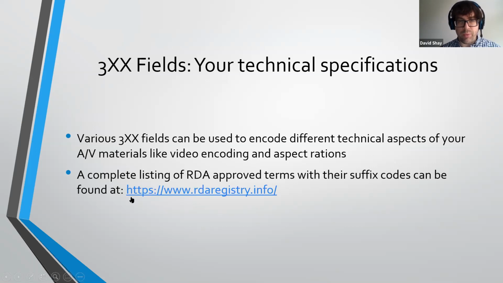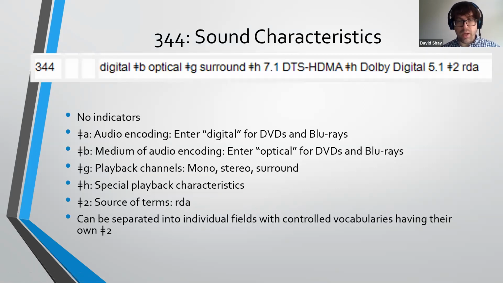And then we've got our source of terms, which I've got a generic RDA tag in here. The RDA registry does provide a much more complete listing of the different RDA source terms. Now, one of the differences between OCLC and the audiovisual catalogers best practices: OLAC best practices includes, if I remember correctly, I need to actually look at it again, having all of these things in one field.